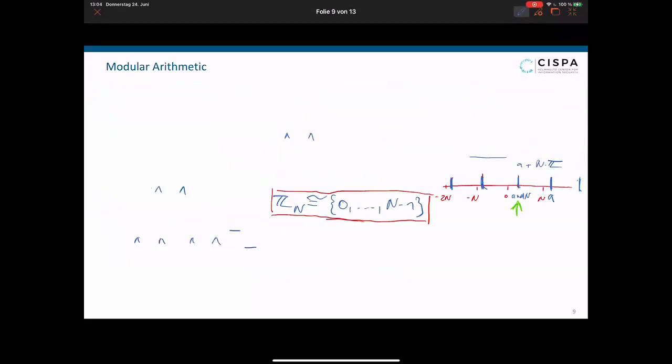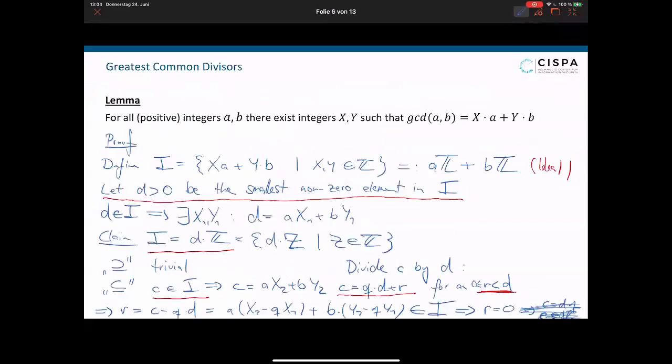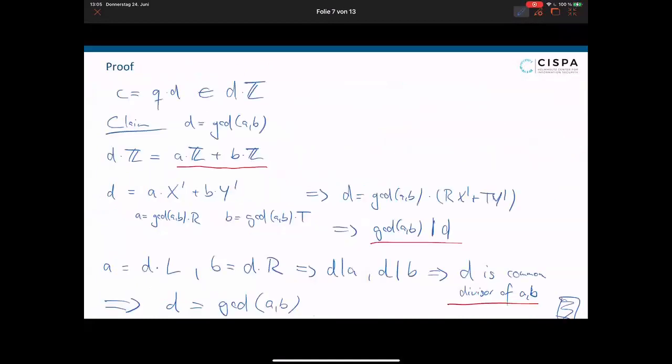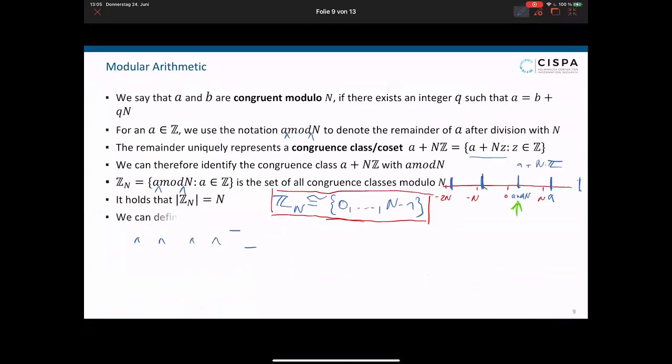For every A and B there exist X and Y such that the GCD can be written as a linear combination. Oh, and someone wrote already the answer. We can find that via the extended Euclidean algorithm.